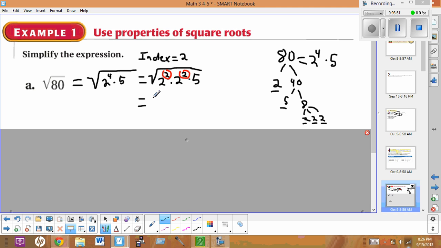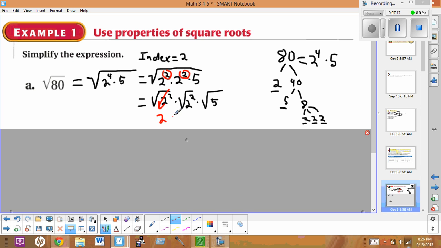So this would be square root of 2 squared times the square root of 2 squared times the square root of 5. So when I say move them to the front, I'm really simplifying.